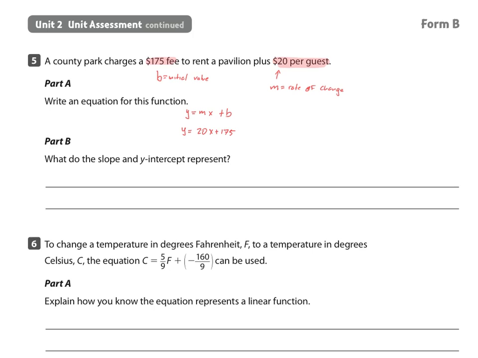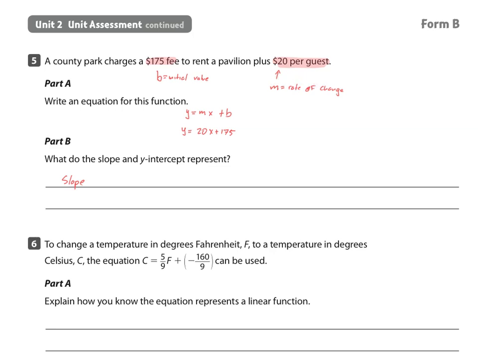Now, part B says, what do the slope and y-intercept represent? So the only thing that you need to do is use the information they're giving you and put it into context. So the slope is the same thing as the rate of change, and you're going to put 20 per guest.